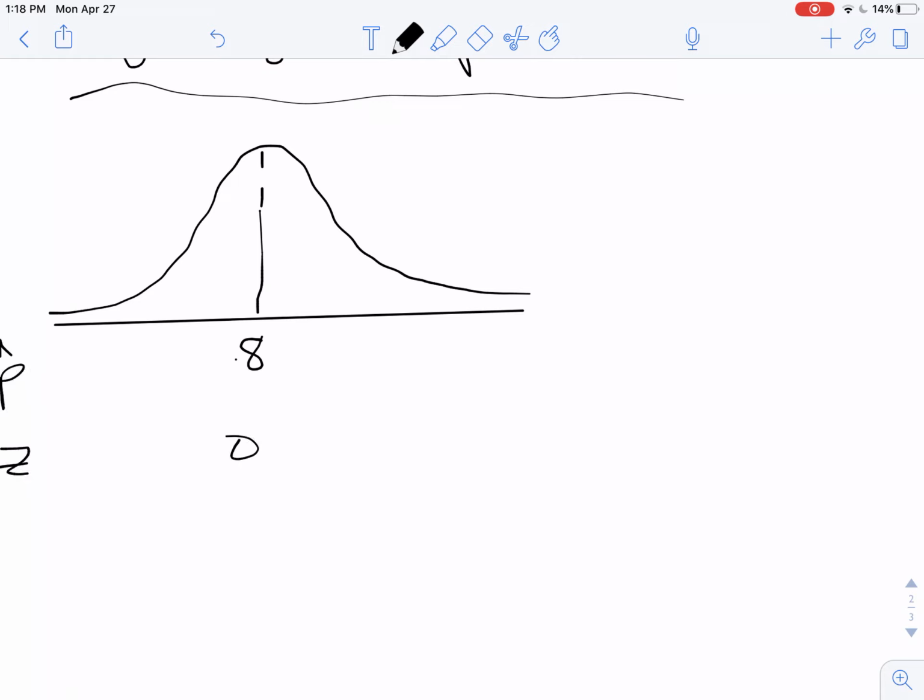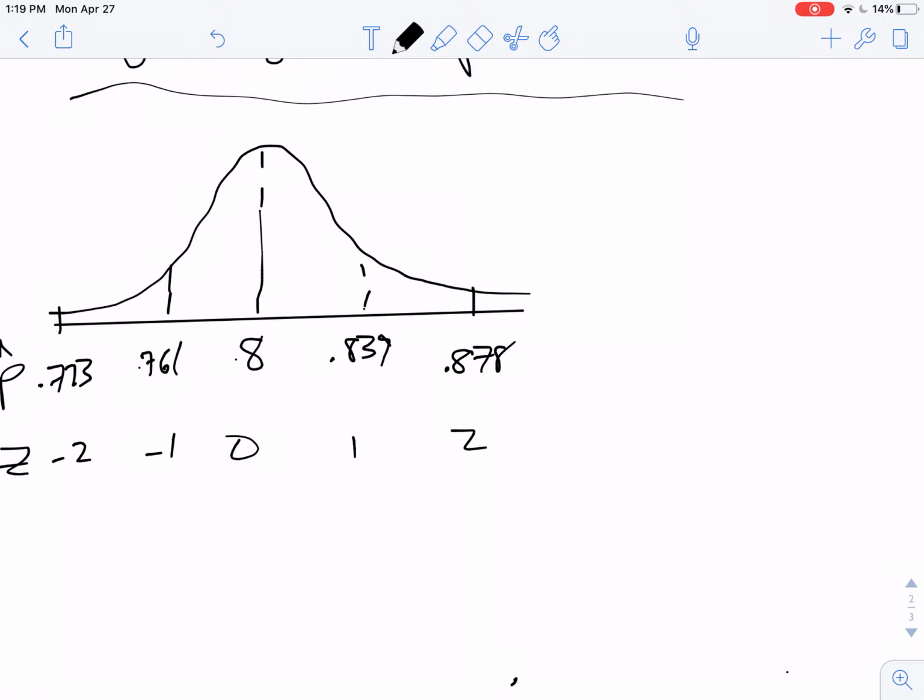And I'm still going to count by that same standard error. So 0.839, 0.878, and 0.761, 0.723.